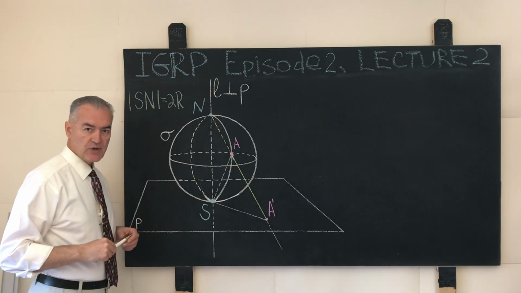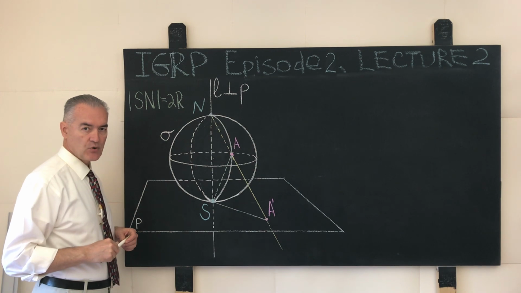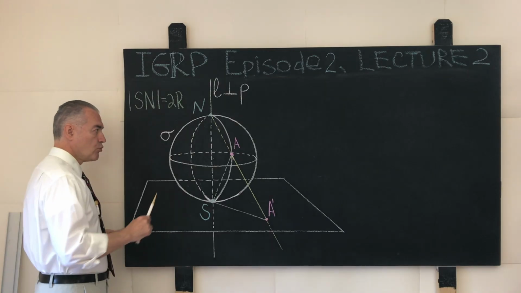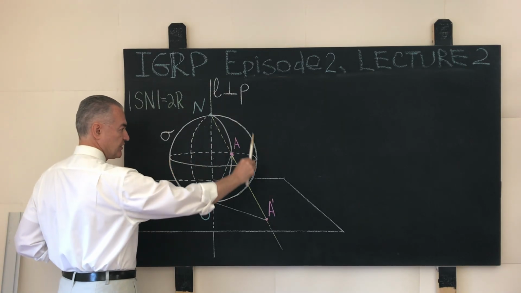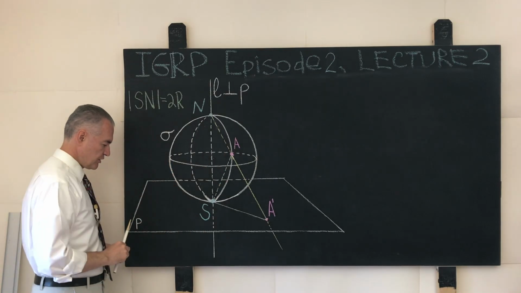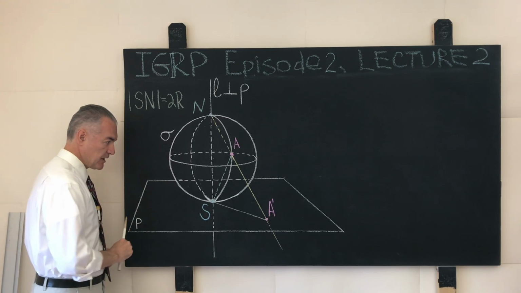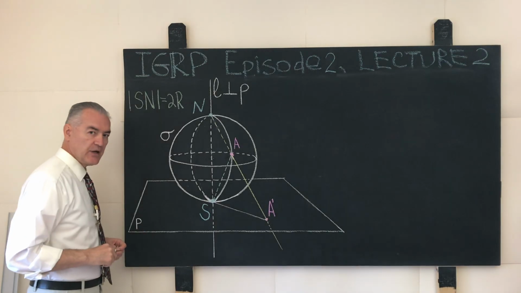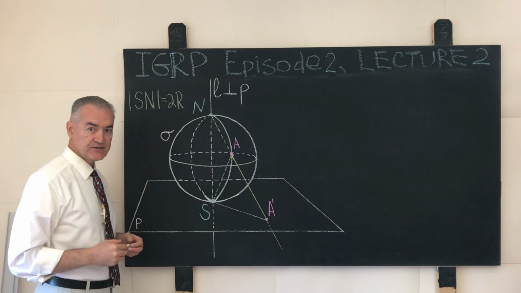What we want to do now is come up with a way to topologically correlate all the points that make up the sphere sigma with all the points that make up the plane P. And a way in which this can be done is as follows.